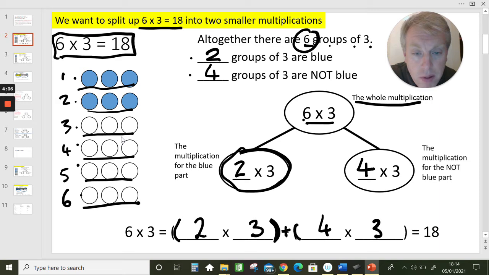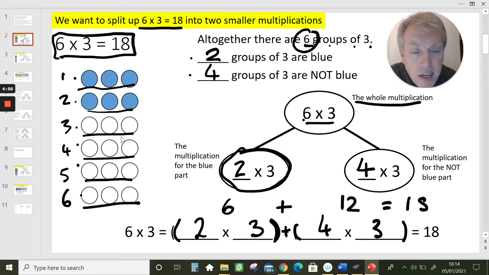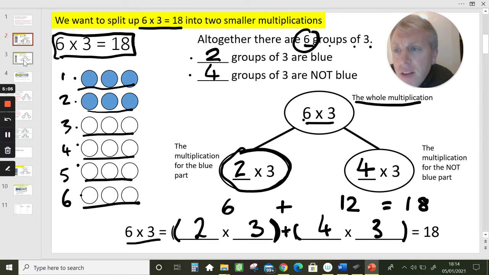I put them into brackets. And my answer is 18. If I want to check that, 2 times 3 is 6. 4 times 3 is 12. 6 add 12 is 18. And all of it is the same as 6 times 3. Oh, see, that works.